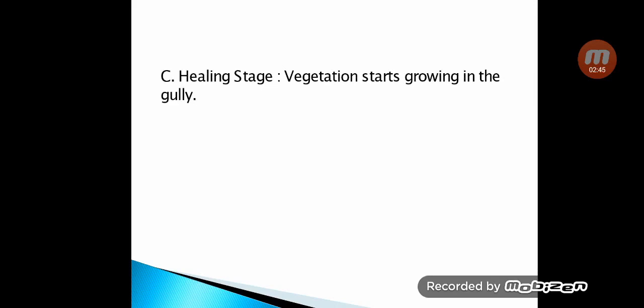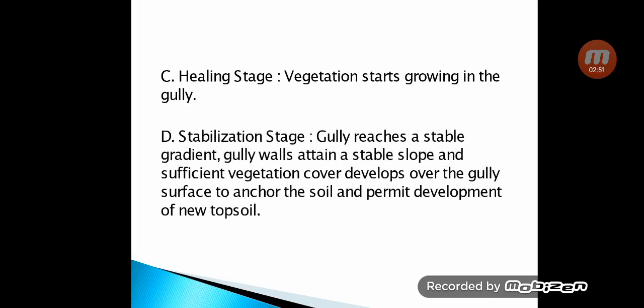Third is the healing stage, in which vegetation starts to grow inside the gully. And the last stage is the stabilization stage, in which the gully reaches a stable position and sufficient vegetation covers and develops over the gully, and new topsoil will not be permitted.